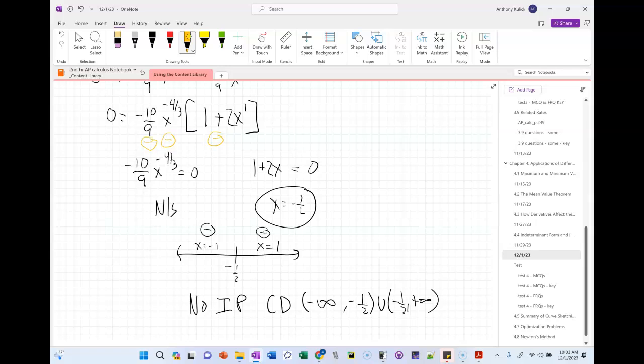So that's your reason. Yeah, I know. Makes sense when you explain. I know, I get it. And when I put 1 in, I get negative, positive, and positive. So I have no inflection point. It's concave down basically everywhere but -1/2.